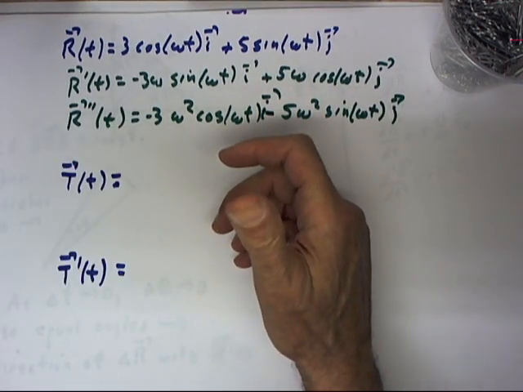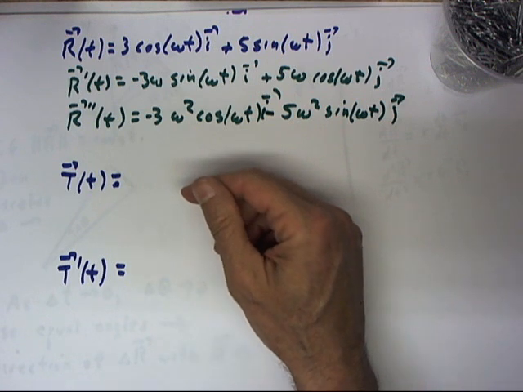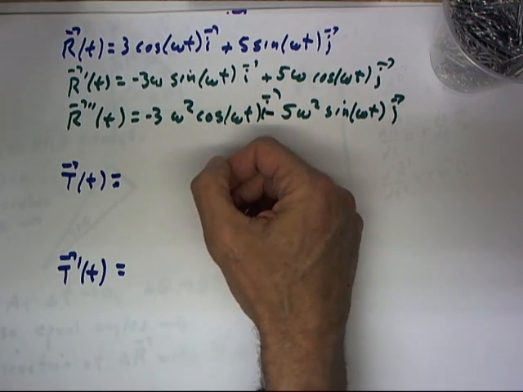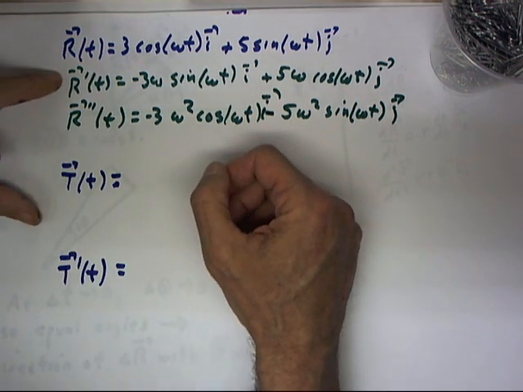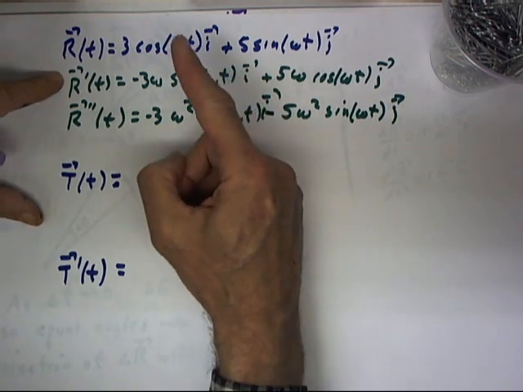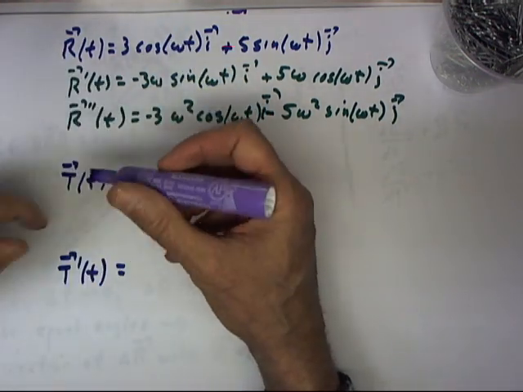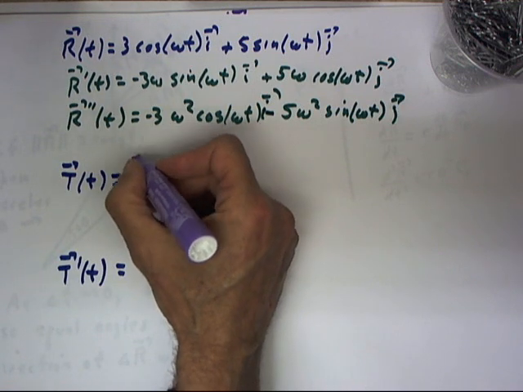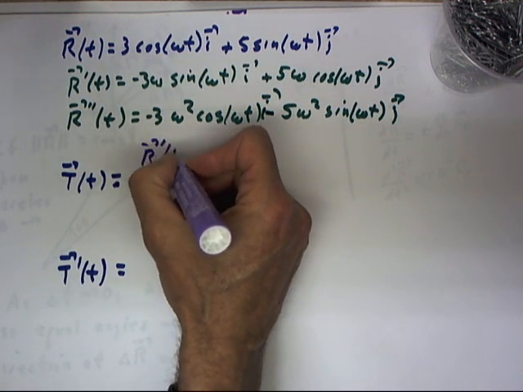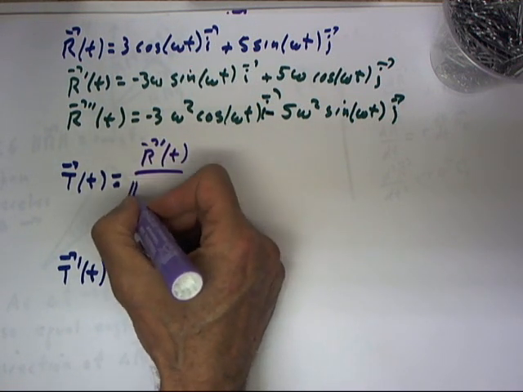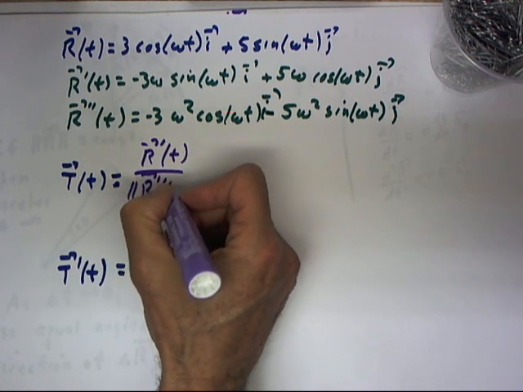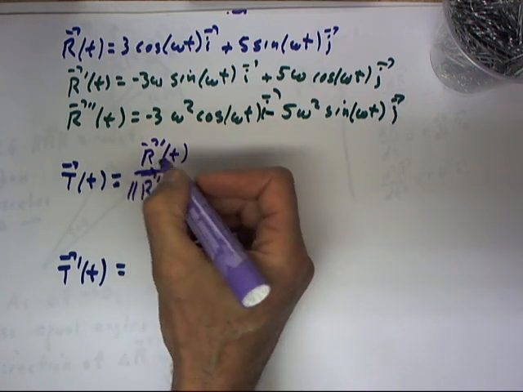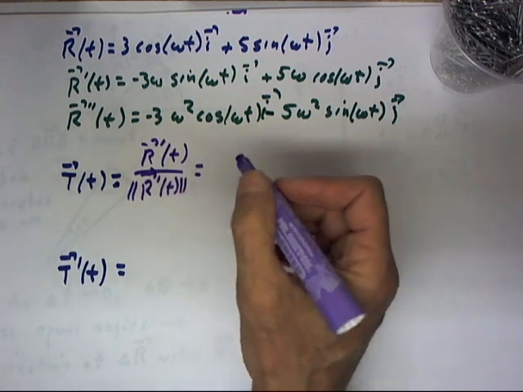Our unit tangent vector that we defined previously is just a vector in the direction of r prime of t, in the direction of our velocity, but it's got to be a unit vector, so that's just r prime of t divided by the magnitude of r prime of t. And what's that equal?